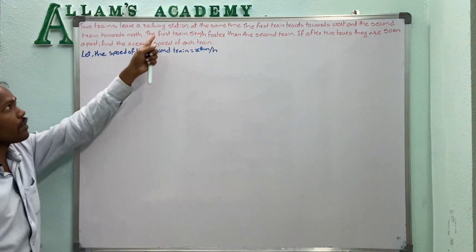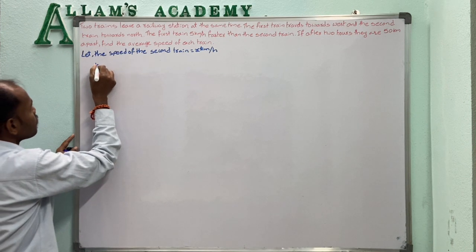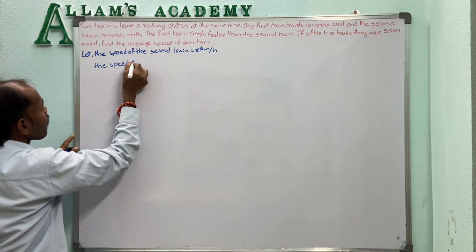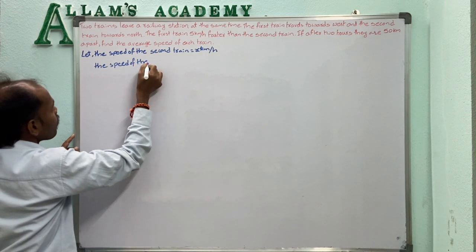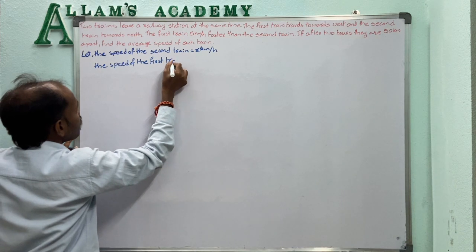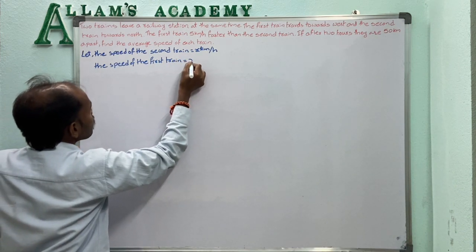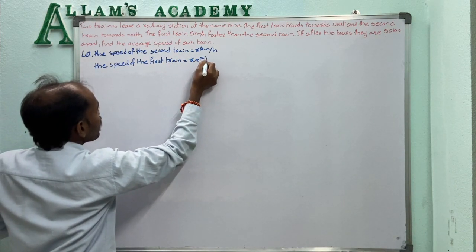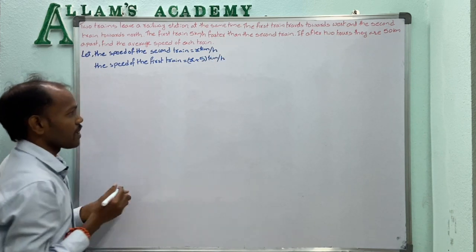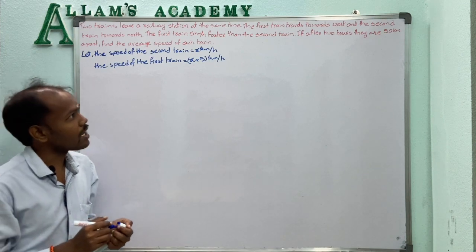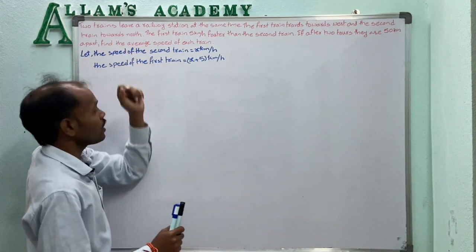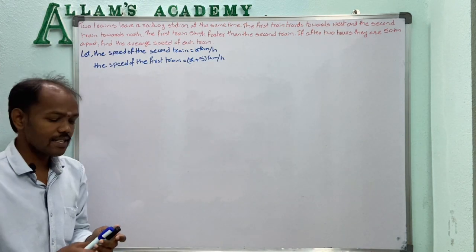Then the speed of the first train is five kilometers faster, so x plus 5 kilometers per hour. And here we are told that after 2 hours they are 50 kilometers apart. That means distance is given.